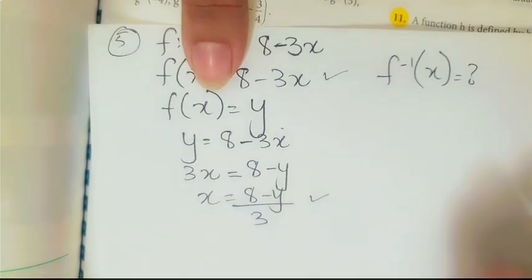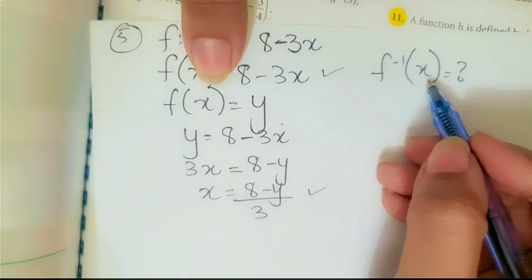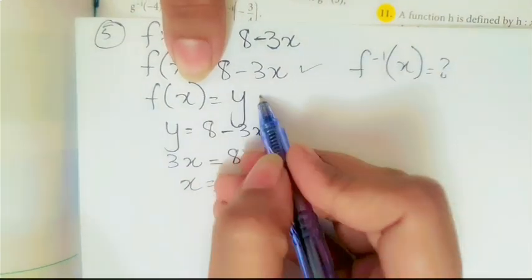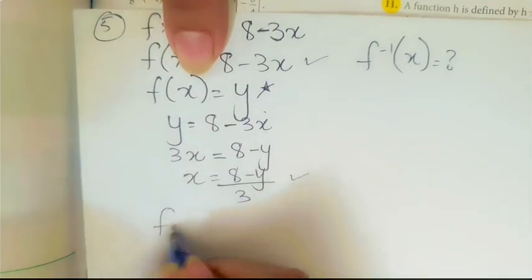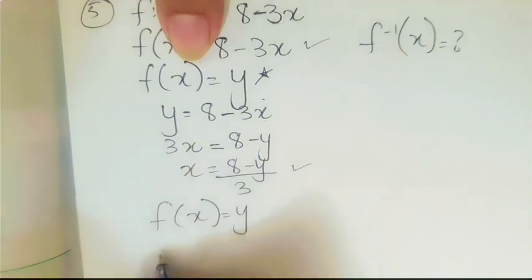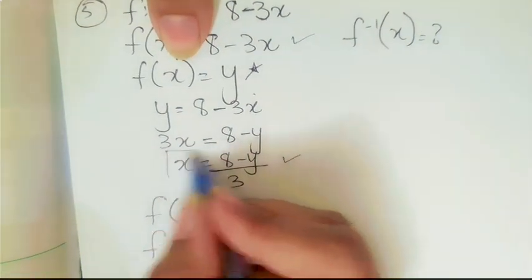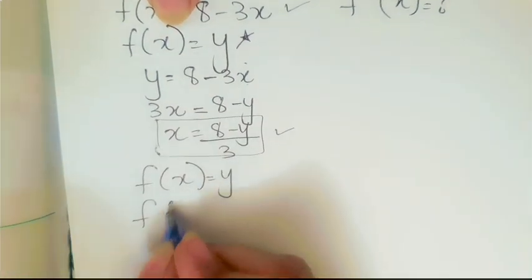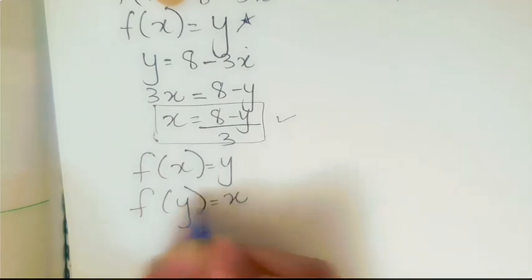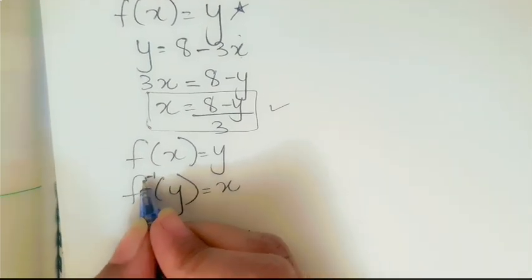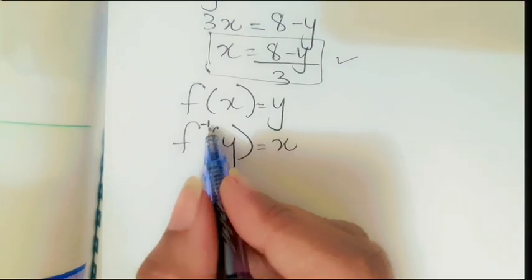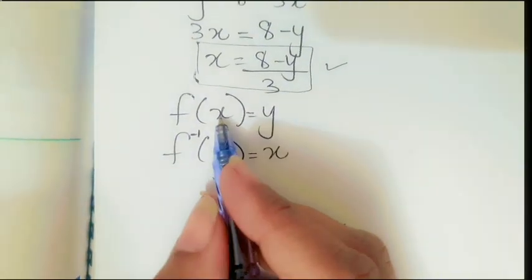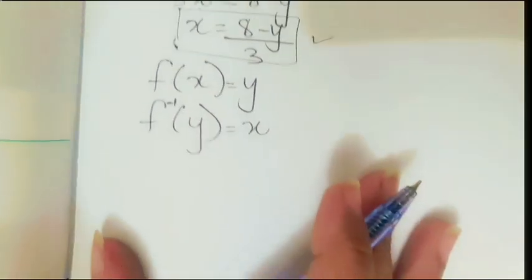And now we have to find f inverse of x. To find this, we use the information f(x) is equal to y. In place of x I use y, and in place of y I use x, so the function becomes inverse.